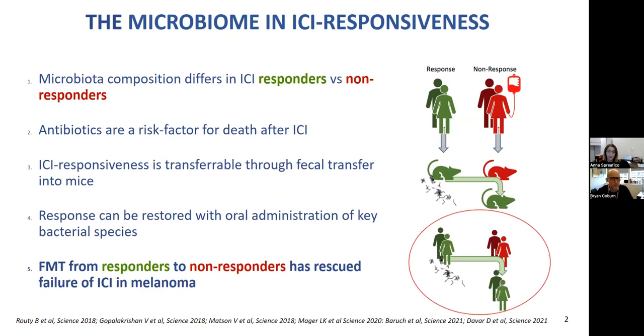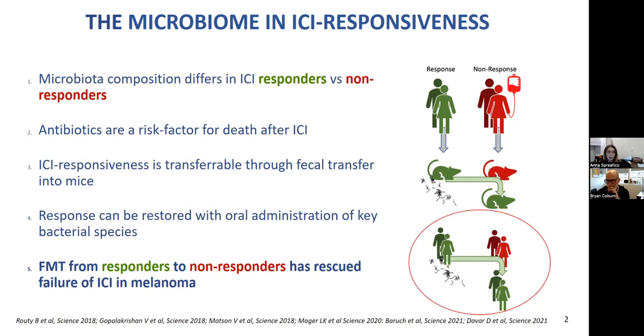So just to give you a brief introduction. We heard already one of the ways to target the immune system and increase immune response is via microbiome manipulation. Over the past years, the role of the microbiome has definitely raised an increased interest in the cancer field, particularly mechanisms by which we can therapeutically manipulate the intestinal microbiome to improve immunotherapy outcomes.